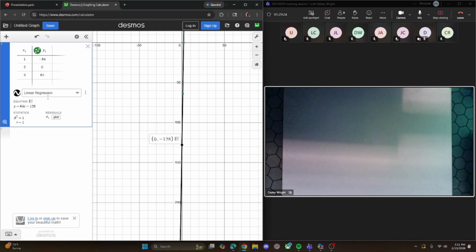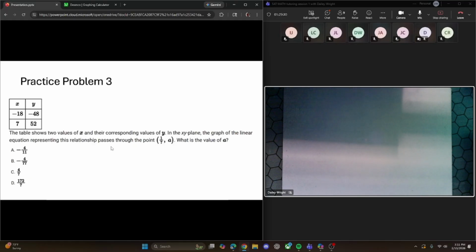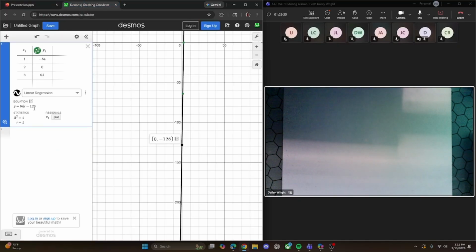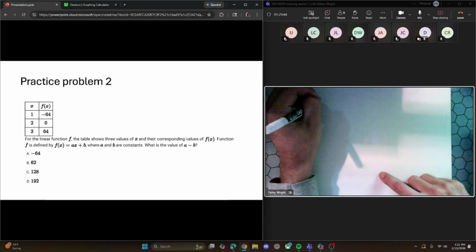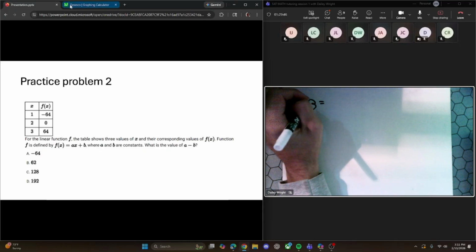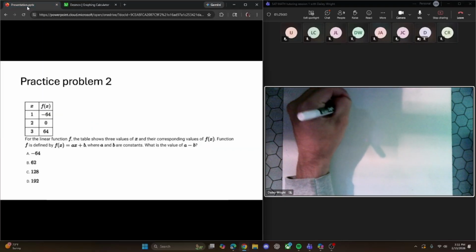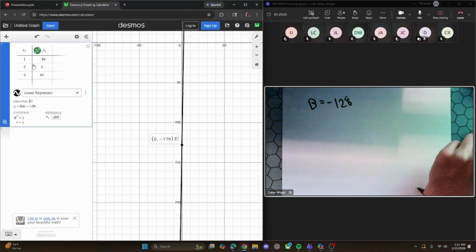So, it says where a and b are constants. B is your y-intercept. A is your slope here. It says ax plus b in the equation. So we know b, since it's minus, b is equal to negative 128. And then a is equal to 64.